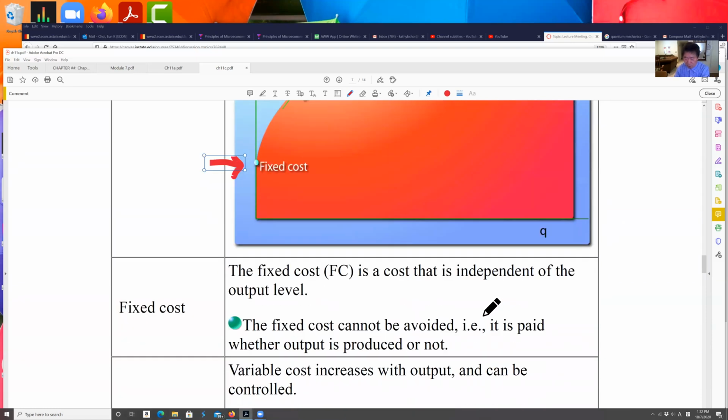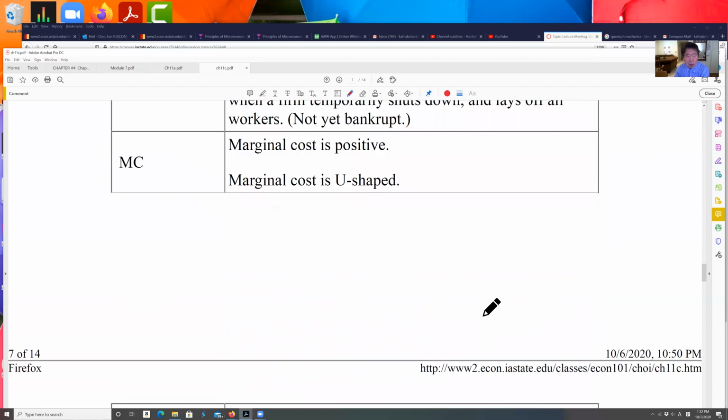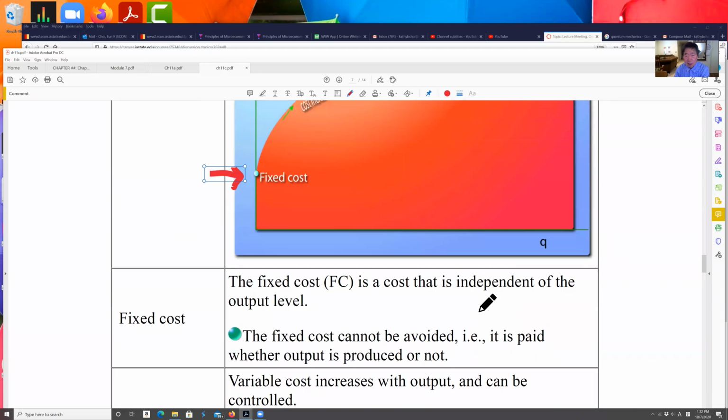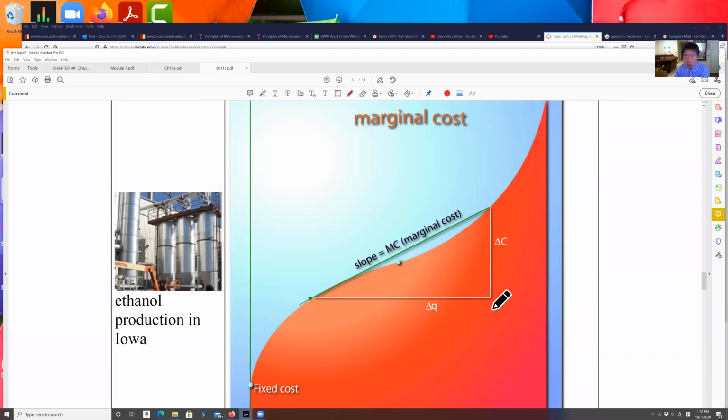So, marginal cost curve. Marginal cost is the increment in total cost for a small change in output. I'm exaggerating in this diagram so you can see delta Q, change in output.